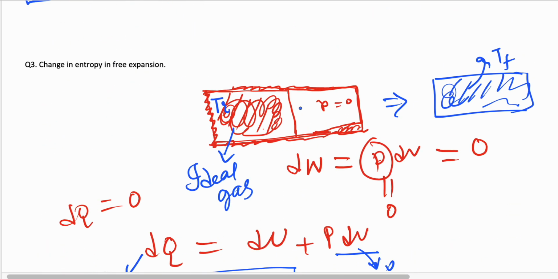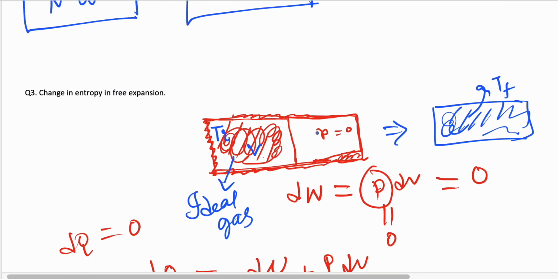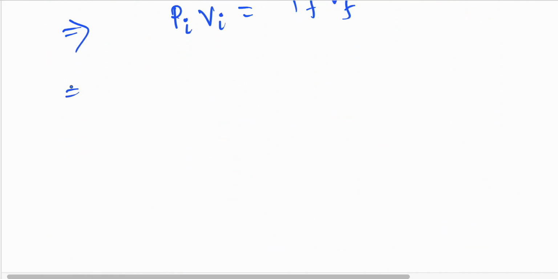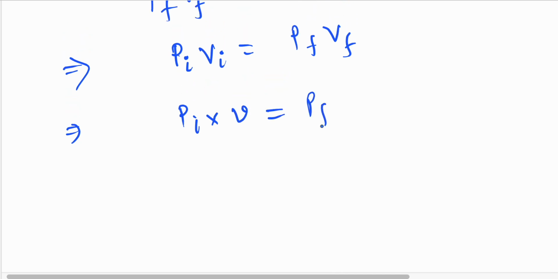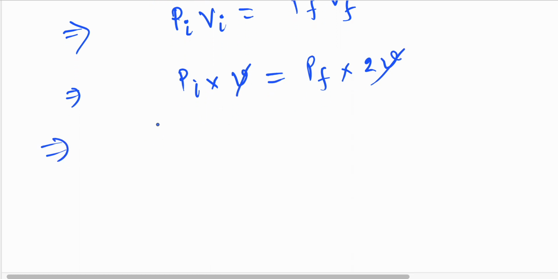Suppose this volume is V, and these two volumes are V, that means the initial volume of the gas is V and the final volume will be V plus V, 2V. So if I put it here, Pi into V and Pf into 2V, that means Pi by 2 is equal to Pf.